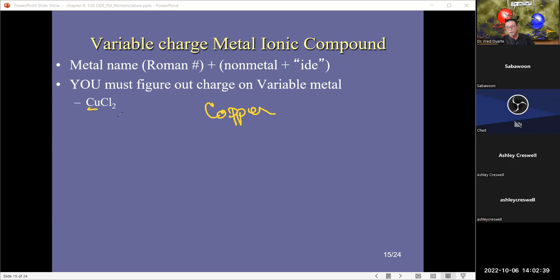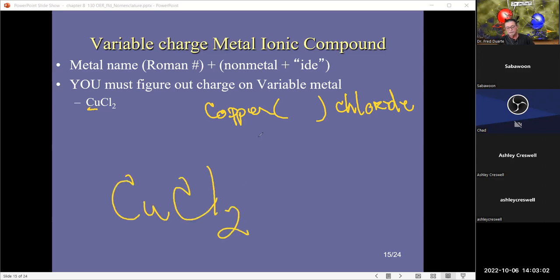And I know that it's a variable because copper is not part of the 16, so that tells me to put a parentheses there. And then I got chloride. So the parent name is copper chloride. What I don't know is what's in the parentheses, but I can calculate that.